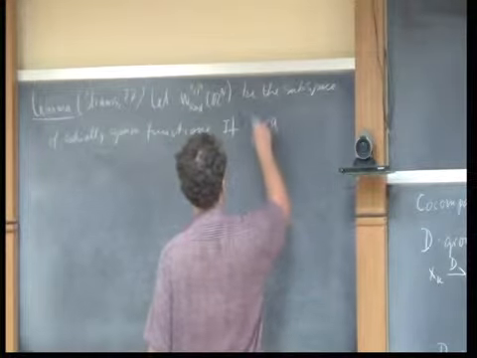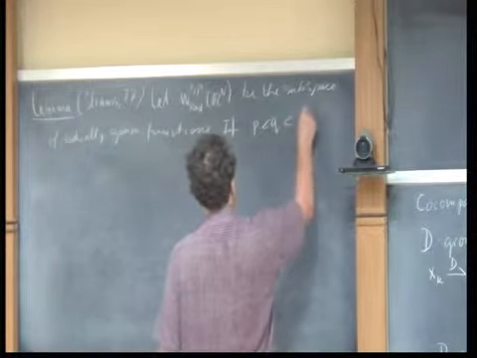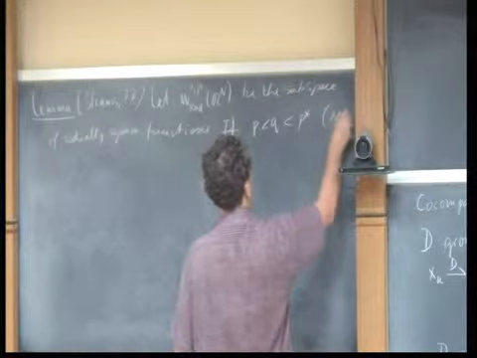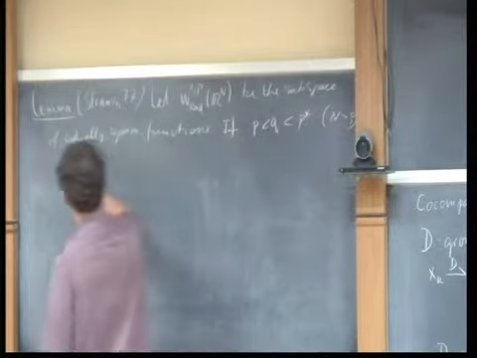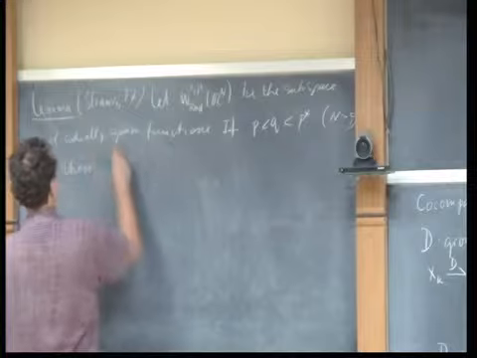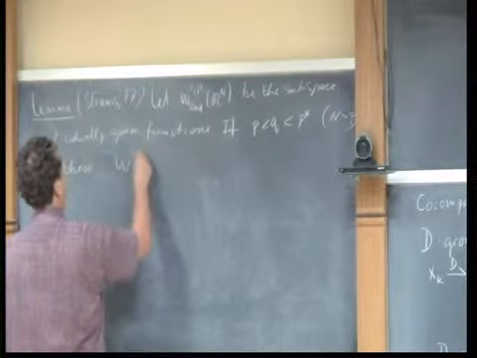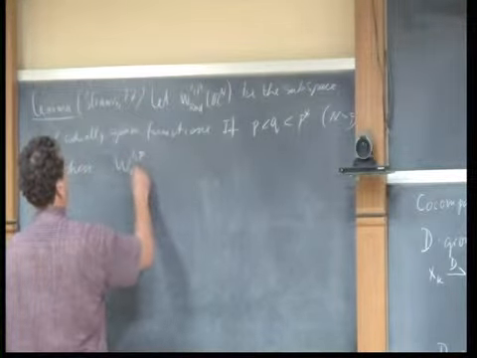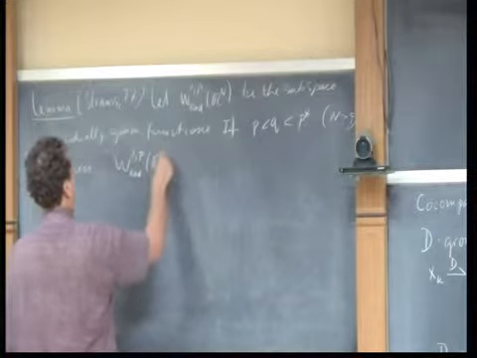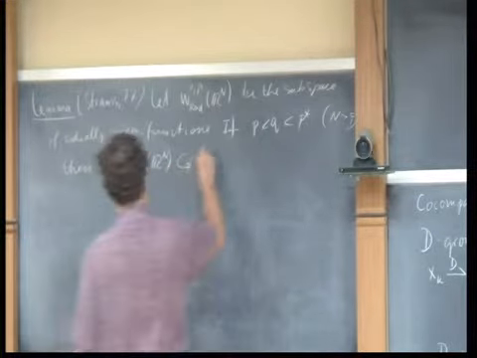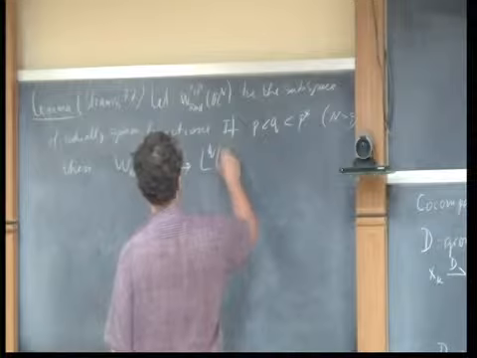Q is between p and p star, so we assume n greater than p. Then W^{1,p}_radial(R^n) is embedded compactly into L^q(R^n).